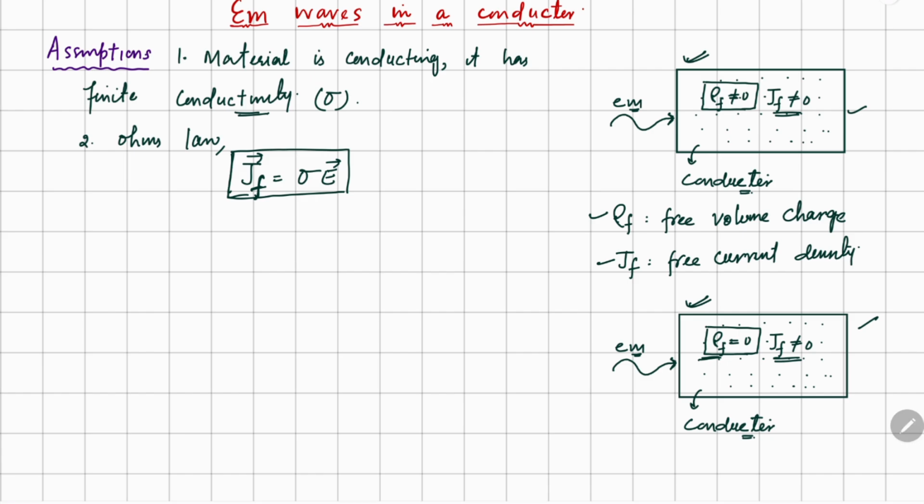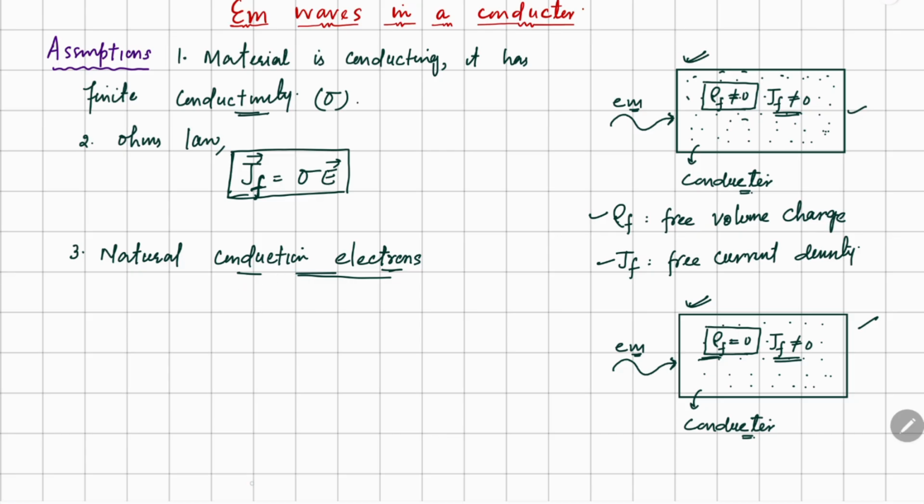And one more thing: the charges present inside the conductor are natural conduction electrons. We don't place external charges into the material. Whatever charges we have here are all intrinsic, the natural conduction electrons which the conductor has.